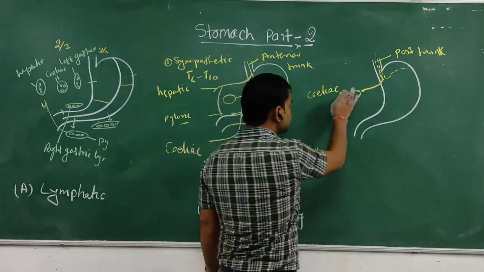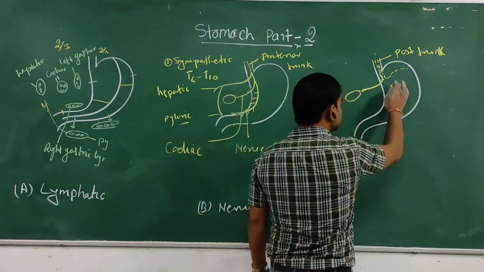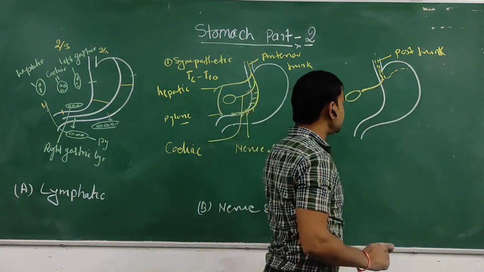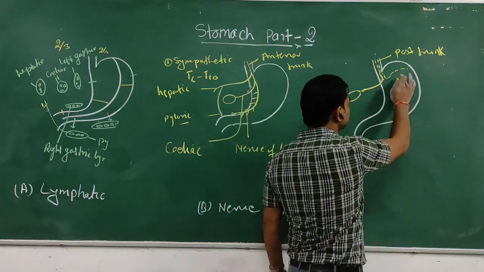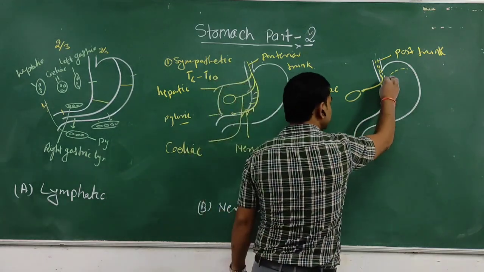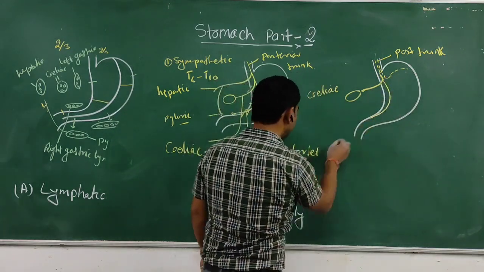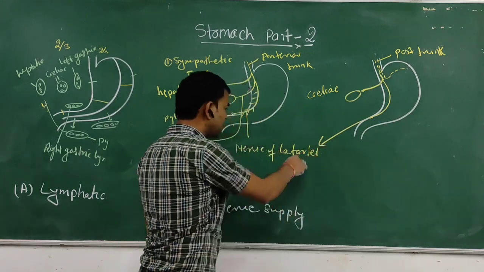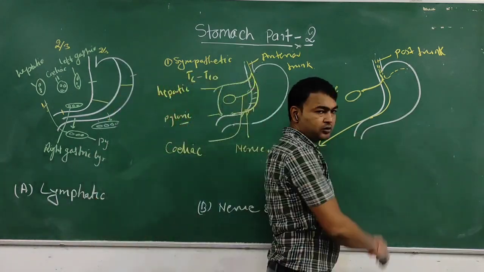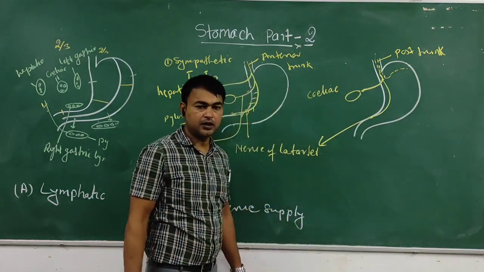Second branch supplies the fundus of the stomach, that is the gastric branch. And the third branch is again known as the nerve of Latarjet. Okay, so this is all about the nerve supply of the stomach.